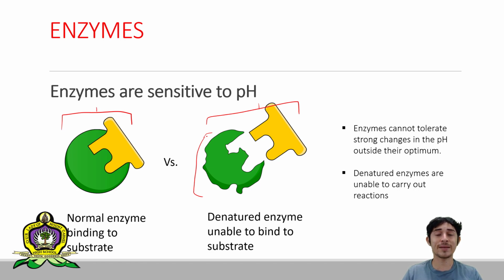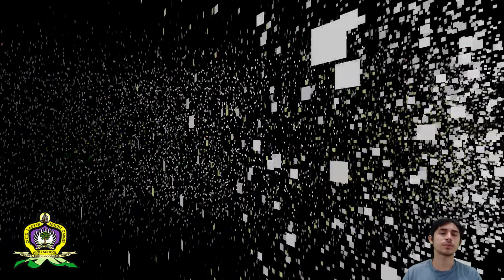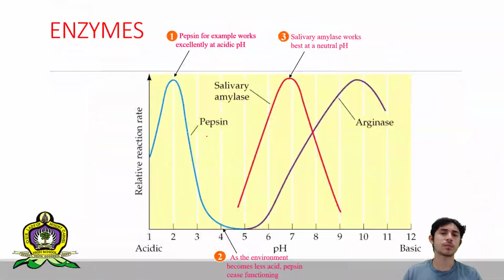So enzymes cannot tolerate big differences in pH. Let me show you the graph and let me illustrate a little bit of what exactly I mean. In this graph, I am showing and illustrating 3 different enzymes working at different pH.